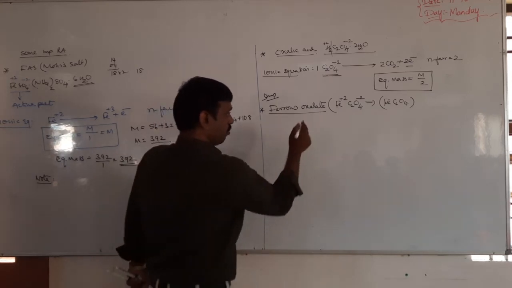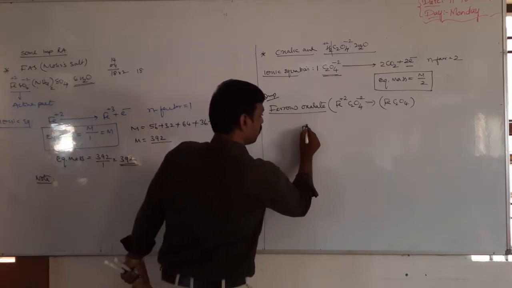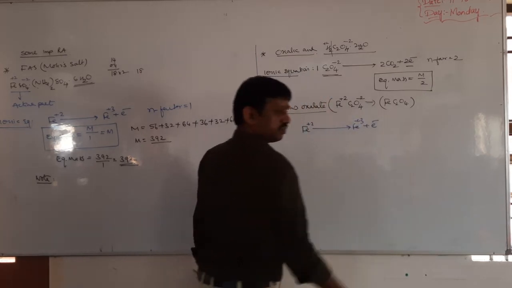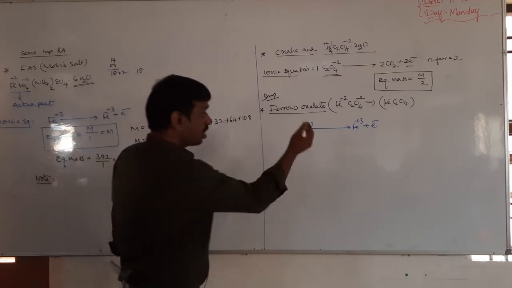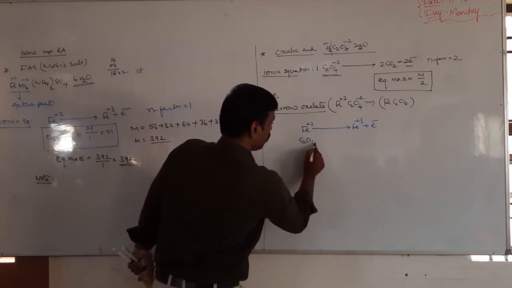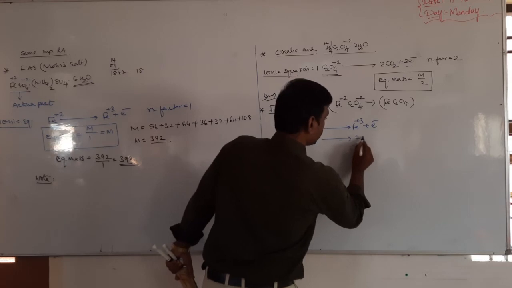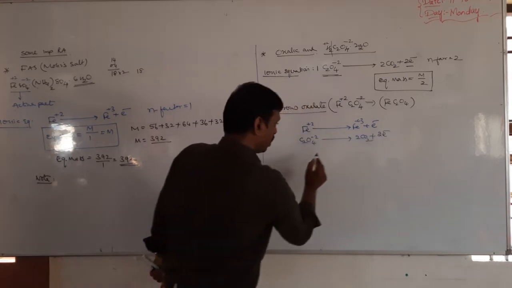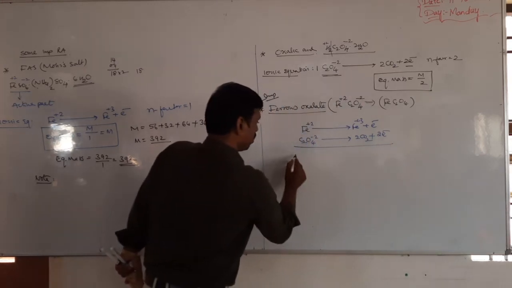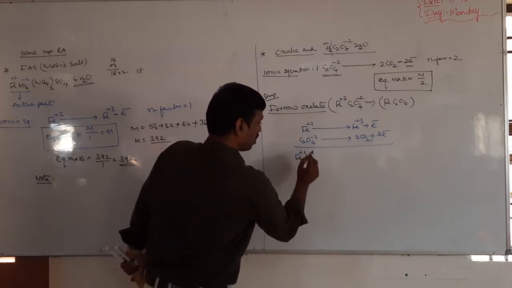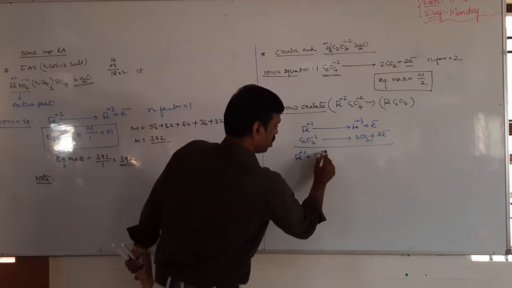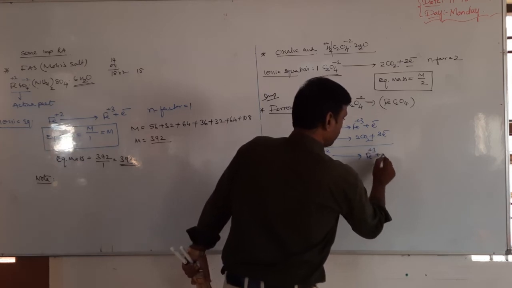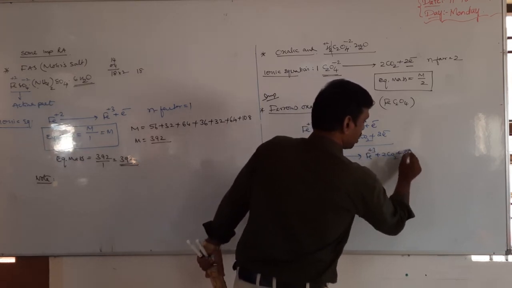So therefore, if you want to write the ionic equation, you should write ferrous converts into ferric plus 1 electron. Next, oxalate C2O4 -2 converts into 2CO2 plus how many electrons? 2 electrons. Therefore, tell me, what is the total number of electrons? Fe+2 plus C2O4 -2 gives rise to Fe+3 plus 2CO2 plus 3 electrons.